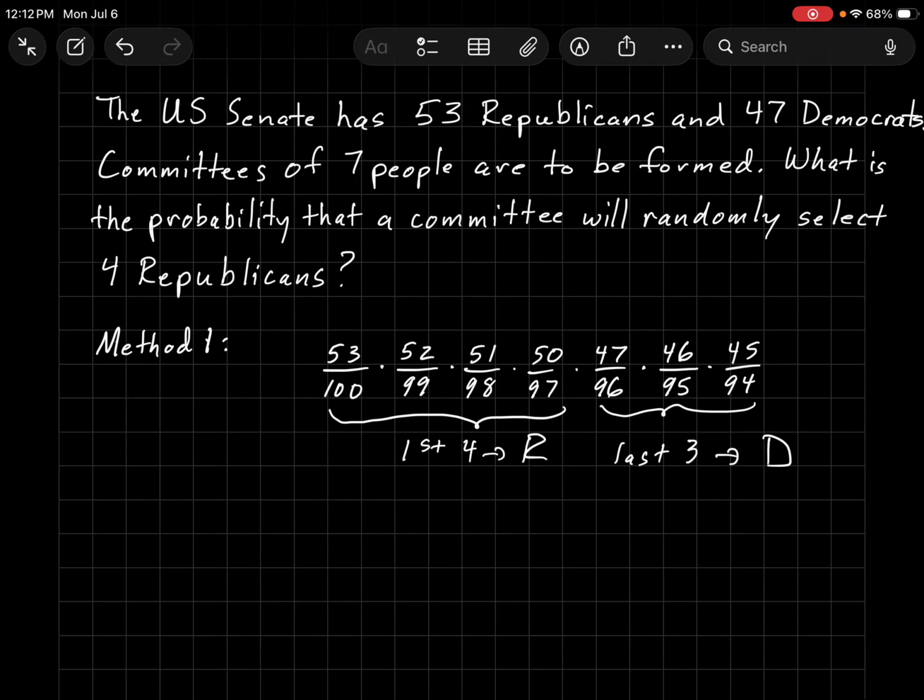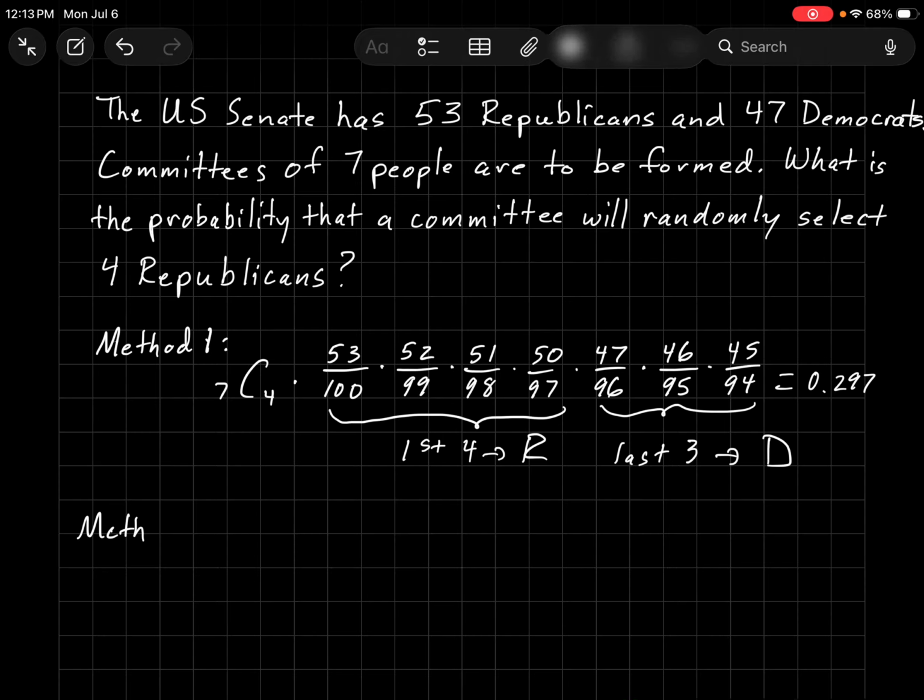Well, no. How many different ways can we choose 4 out of 7? That's our combination. So if I multiply all of these things out together, I get the value of about 0.297. So a little bit less than a 30% probability of this happening.